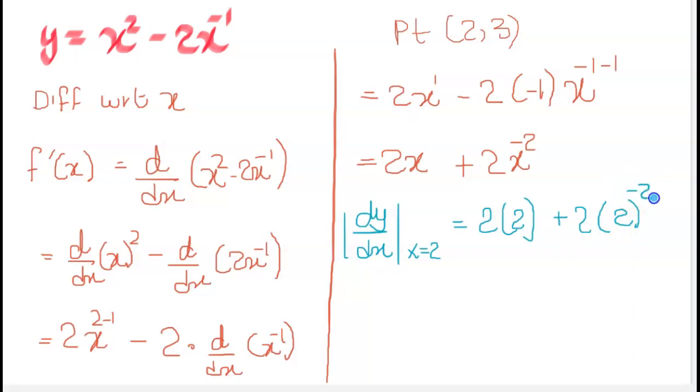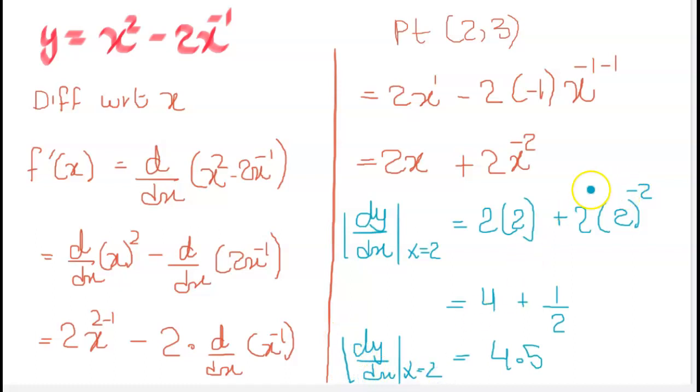When you put that in the calculator, that will give you 4 and 1/2. So the answer is 4.5. Yep, that's dy over dx when x is 2. You can straight away put that in the calculator to get an answer of 4.5.